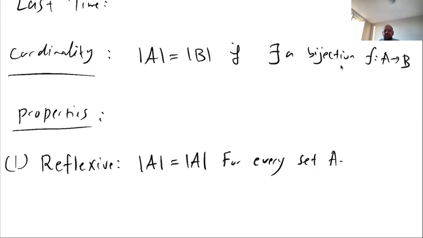So for every set, we can say that the cardinality of every set is equal to the cardinality of itself. So that means every element is in relation with itself. For this type of relation, which is the equality of cardinality, we can say that this is reflexive. So this property is called reflexive.